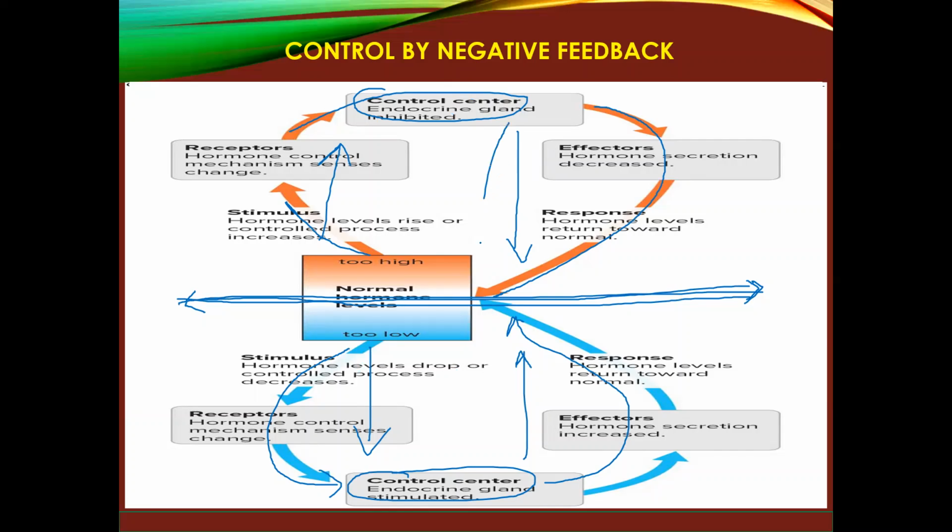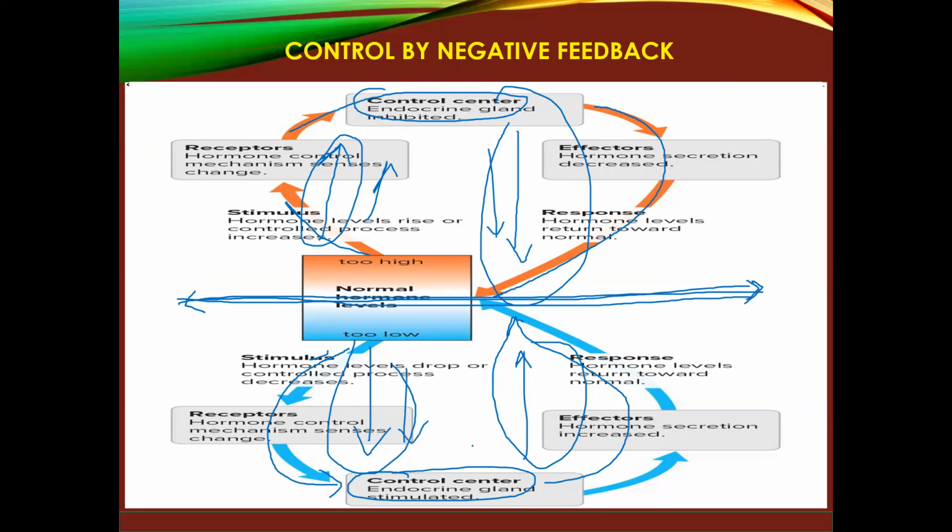The response over here will always oppose the stimulus. Okay, if the stimulus increases, the response decreases. If the stimulus decreases, then the response will increase. So this is the negative feedback system, which is the normal kind of feedback system.